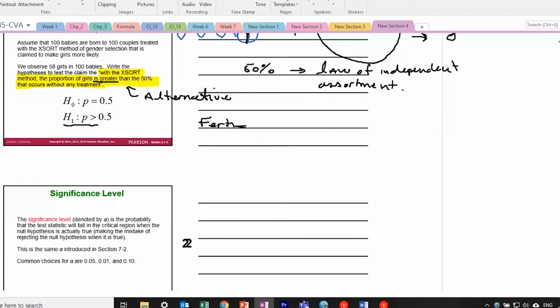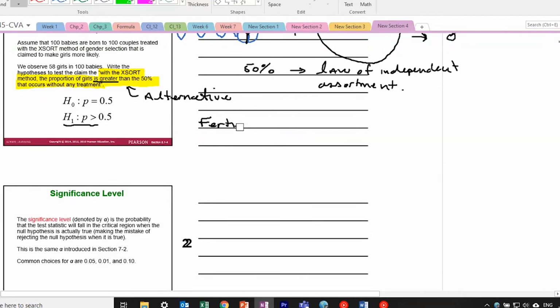Like me and my brother, we were rascals. So I'm pretty sure my mom, if this technology existed, would have done this. But the idea is that the fertilization process, can it be changed? And you know, fertilization treatments might allow you to do this gender selection.